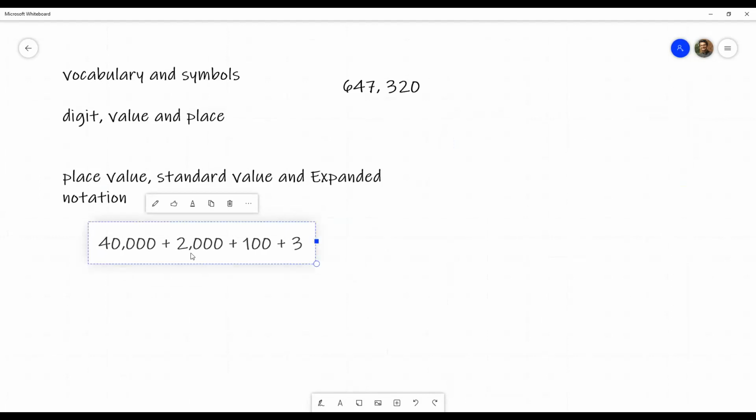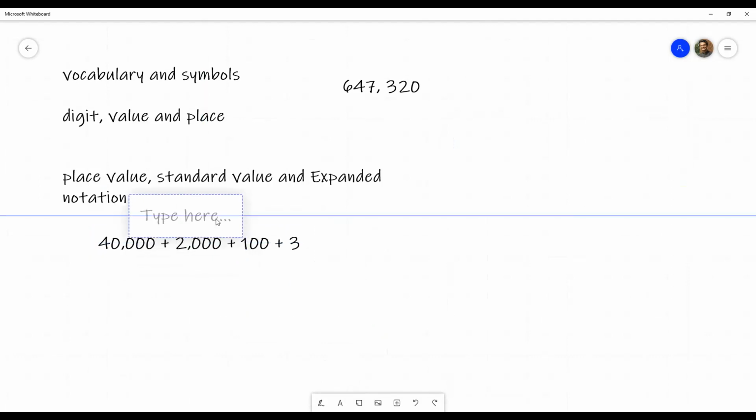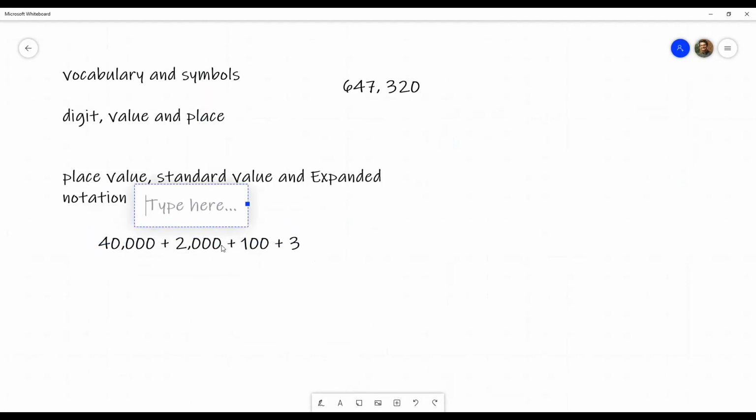That's how you write it. Let me get that number again: 42,103. Right? Is that the number? Let me check. Yes. I missed something here, a comma.